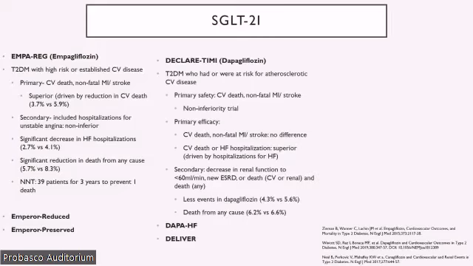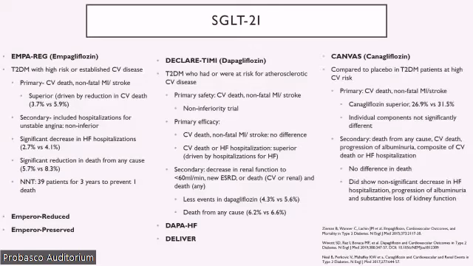Dapagliflozin, in the DECLARE-TIMI trial, was set up very similarly with the 3-point MACE outcome. And we once again saw a decrease in the composite of cardiovascular death or heart failure hospitalizations, really driven by a decrease in our heart failure hospitalizations. And once again, in the DAPA-HF and DELIVER, we have looked at using these across the board in different ejection fractions in patients with or without diabetes, and these outcomes hold true.